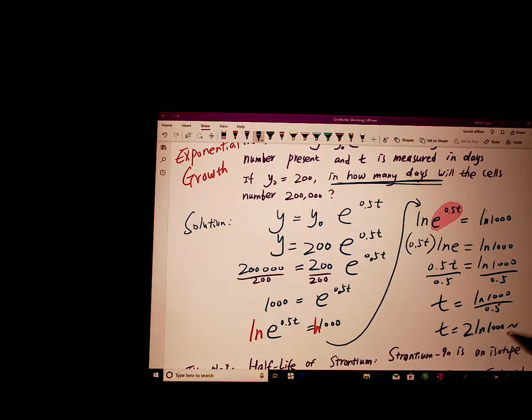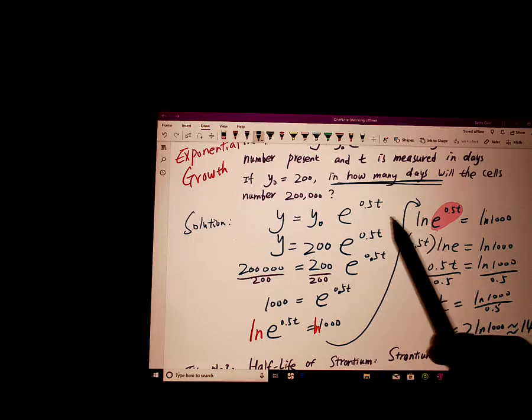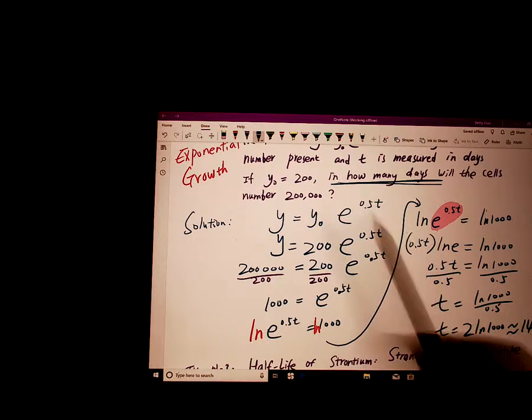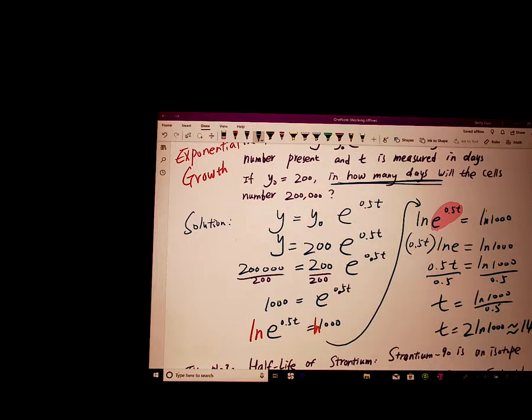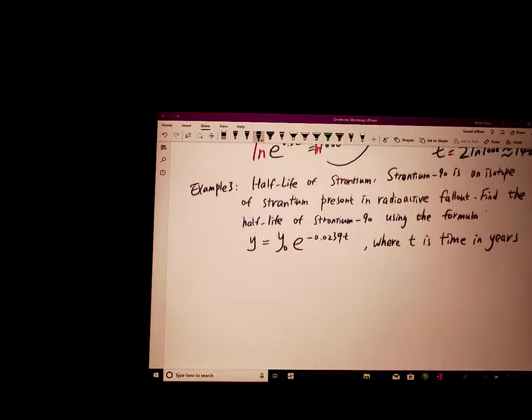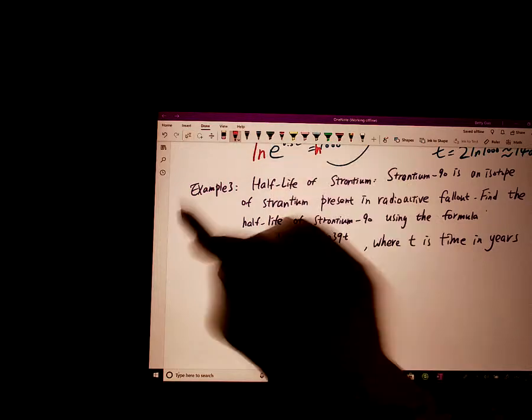So if we round it up, it's 14 days. Just in 2 weeks, the number of cells would increase to 1,000 times the original number. That's exponential growth. Very powerful. Example 3 is a case for exponential decay.